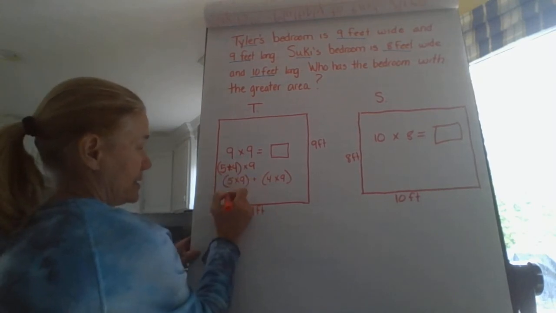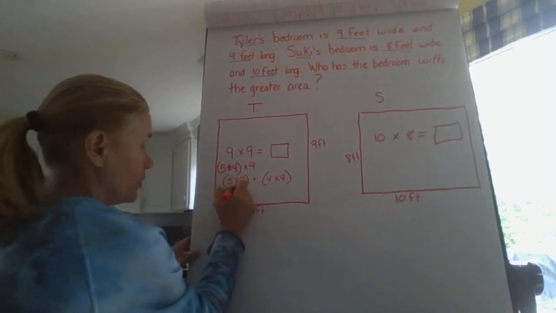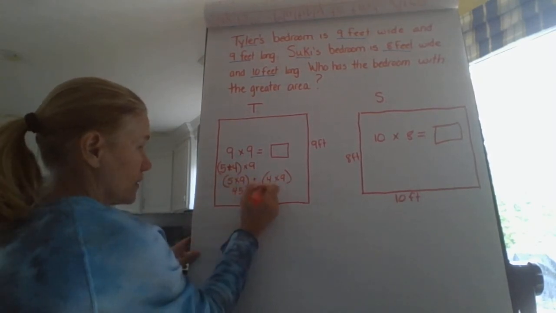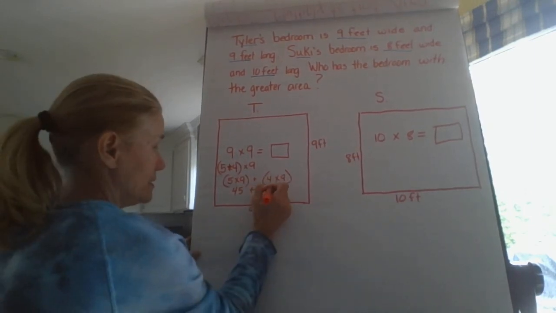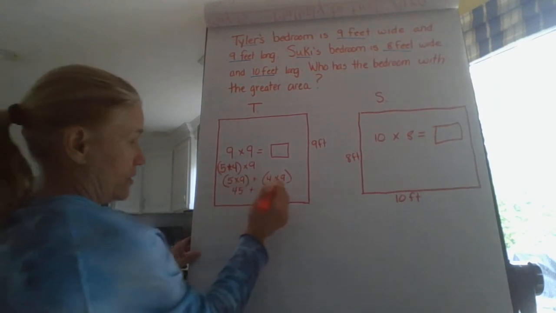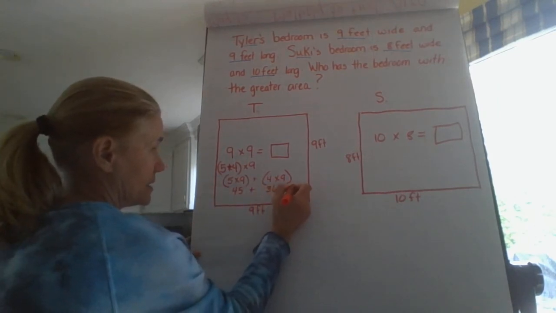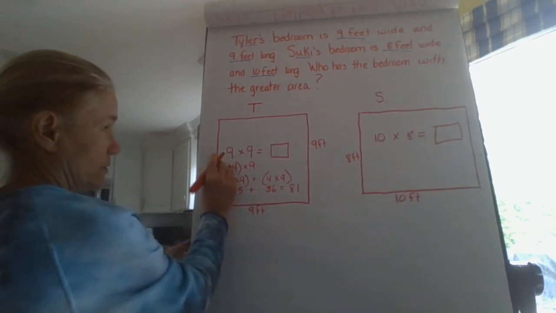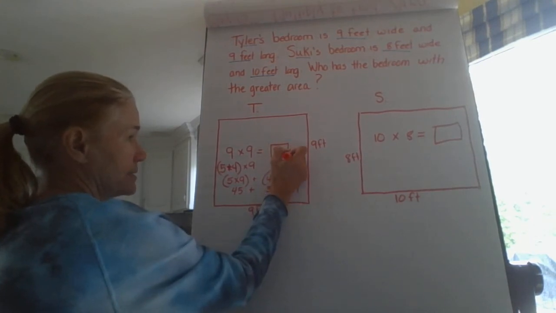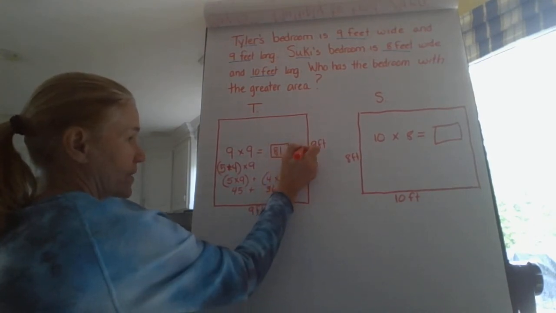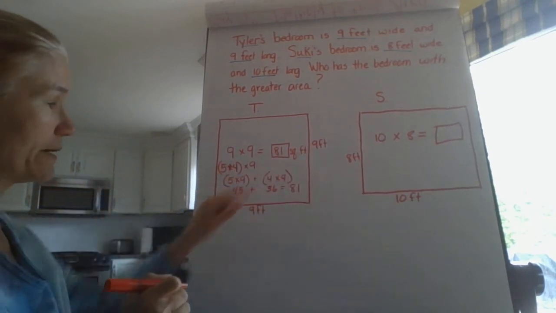But 9 times 5 is 45. 4 times 9 is 36. And now I know 45 plus 36 is 81. So 9 times 9 is 81, what? Square feet for an area.